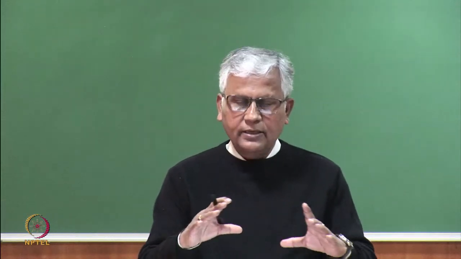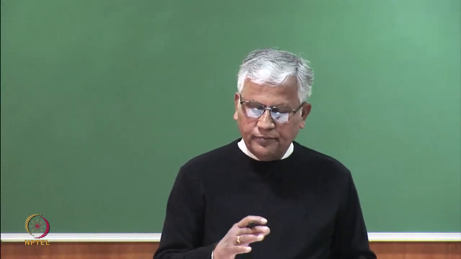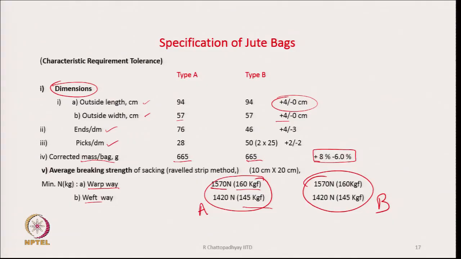A designer will actually set out, like suppose it is given to a designer, he has to find out from here that if the specification is saying that the warp way strength should be so much and ends per decimeter also is given as 76, then what should be the strength of the fiber that he is going to choose?